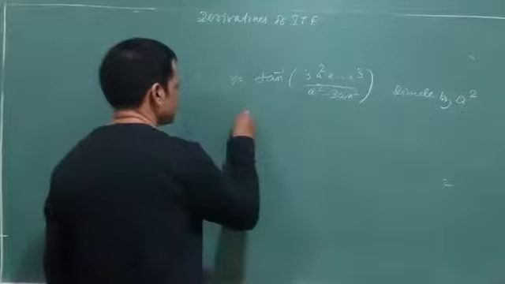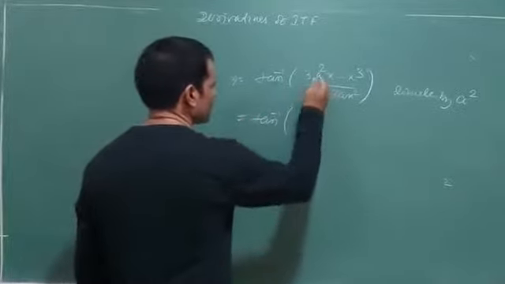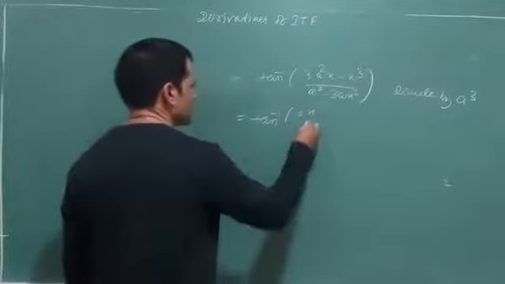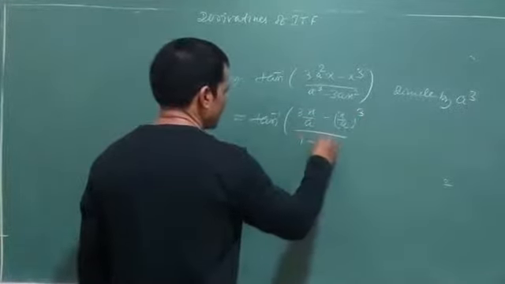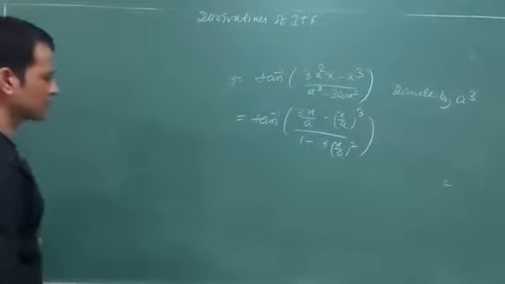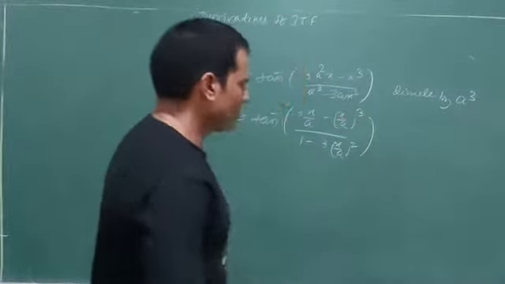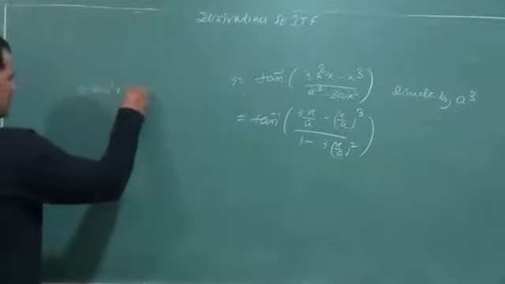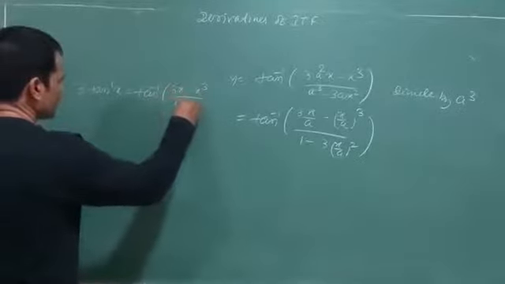So that gives you tan inverse of 3 divided by a cube, 3x by a minus x by a whole cube, by 1 minus 3x by a whole square. Now again some of you may solve it by taking x by a equal to tan theta, or you can write down the formula like this: 3 tan inverse x is equal to tan inverse 3x minus x cube by 1 minus 3x square.